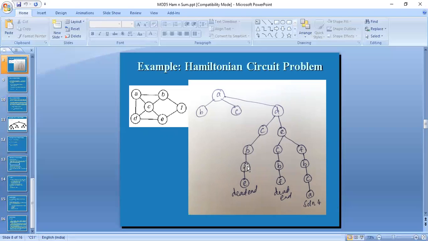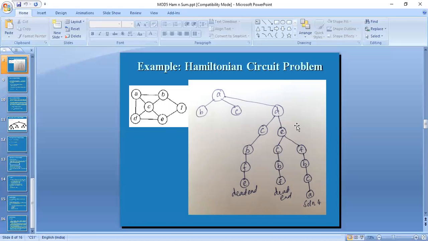The number of children indicates the number of choices. For example, from A you can have 3 choices: A to B, A to C, or A to D. So there are 3 children. If you take D, D has only 2 options, C and E, so there will be only 2 children.